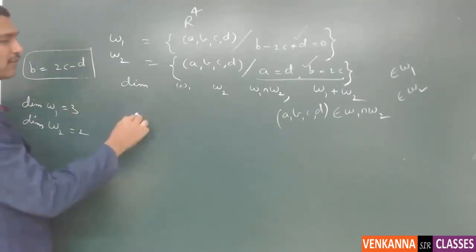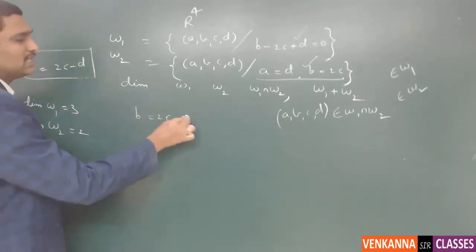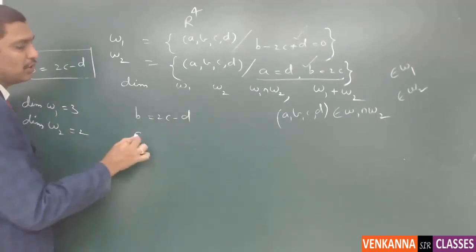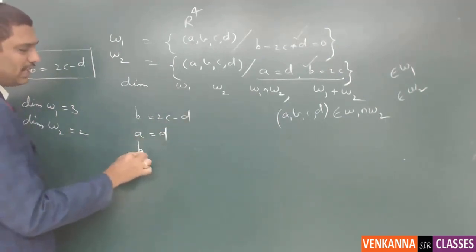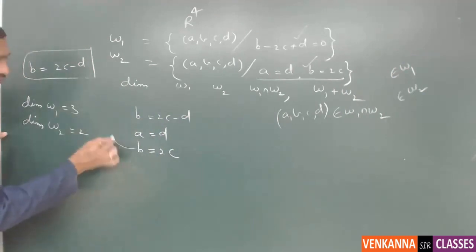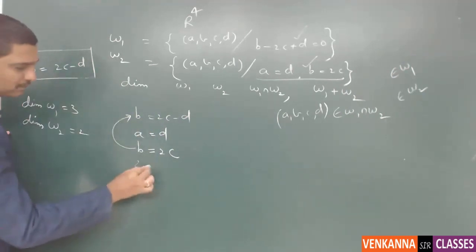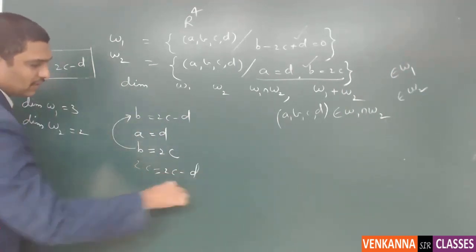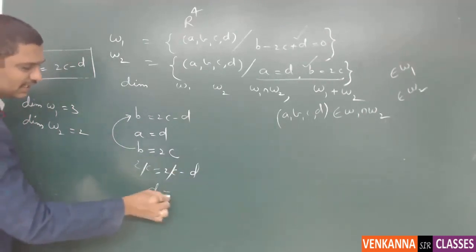From that you have B is equal to 2C minus D, you have A is equal to D and B is equal to 2C. These three conditions must be satisfied by ABCD. So if you substitute the value of B here, that gives D is equal to 0.